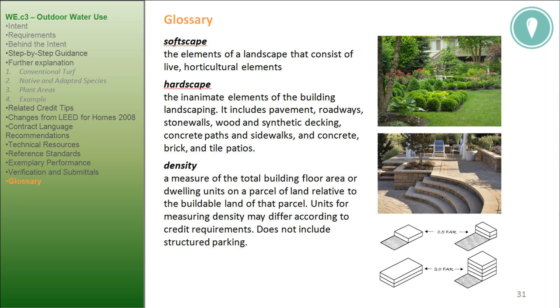Units for measuring density may differ according to credit requirements. Does not include structured parking. Softscape. The elements of a landscape that consist of live, horticultural elements. Hardscape. The inanimate elements of the building landscaping. It includes pavement, roadways, stone walls, wood and synthetic decking, concrete paths and sidewalks, and concrete, brick, and tile patios.